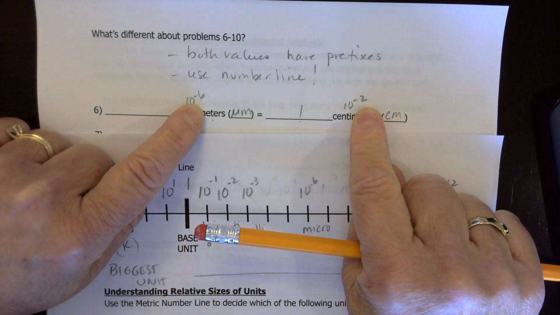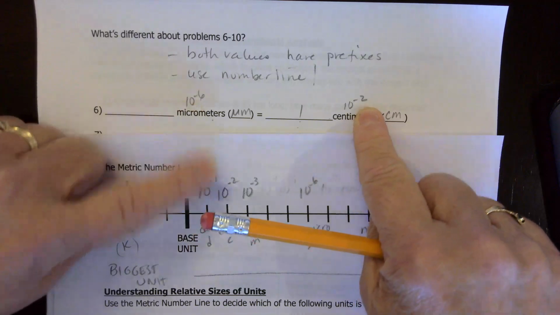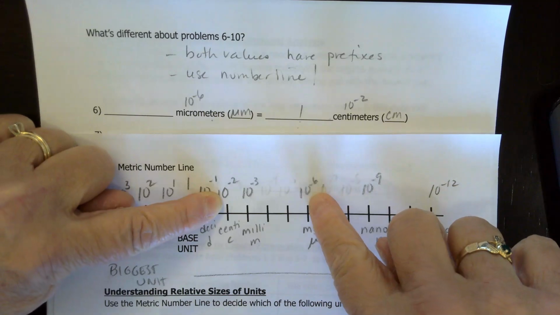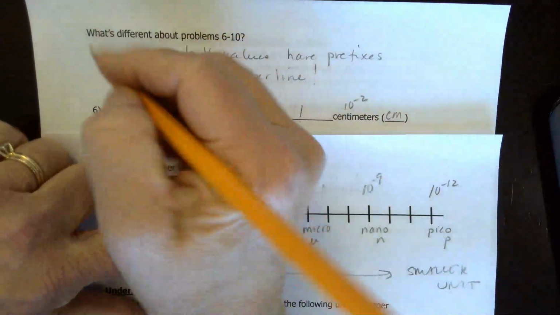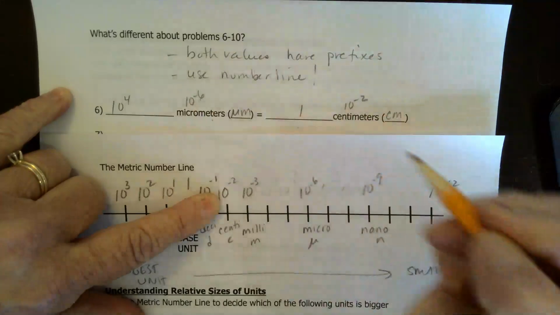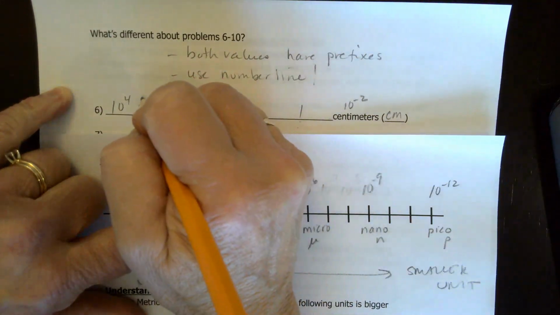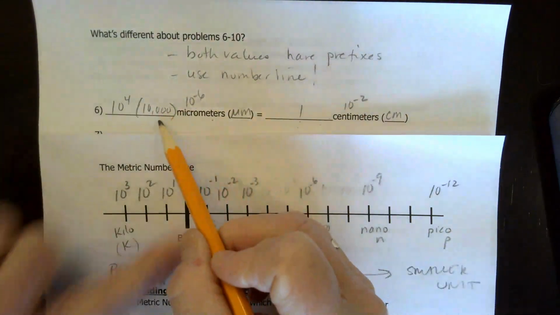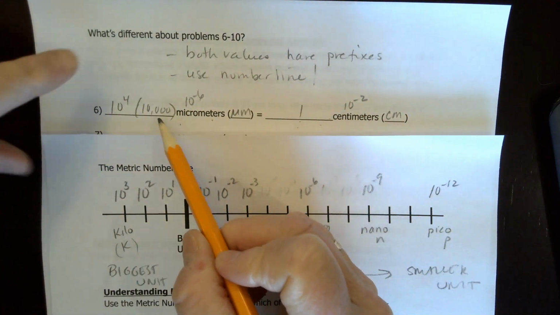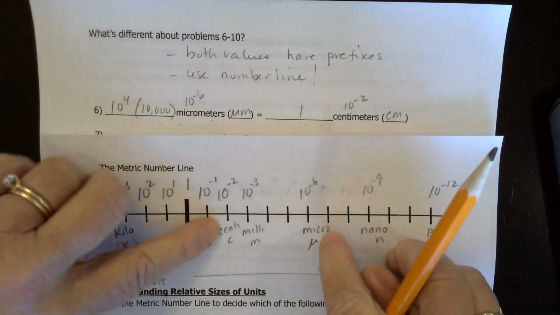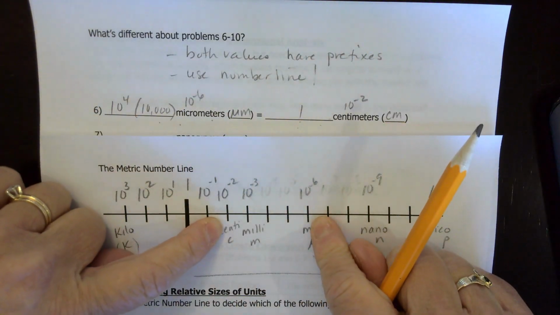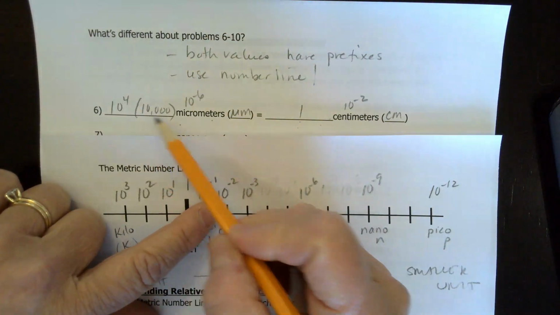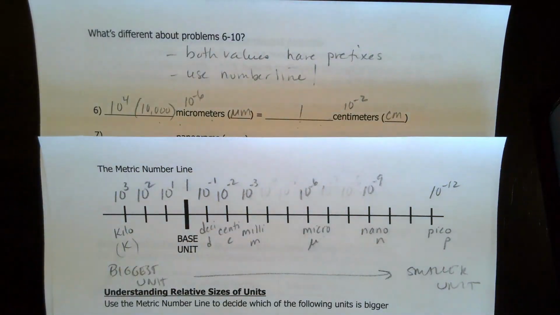We can see that they are off, right? They are 4 decimal places away. So we would say that there's 10 to the 4th micrometers, which is the same thing as saying 10,000. So 1 centimeter contains 10,000 micrometers. And again, we figured that out because those are 4 steps away, 4 decimal places away. And so that's 10 to the 4th, which is the same thing as 10,000.